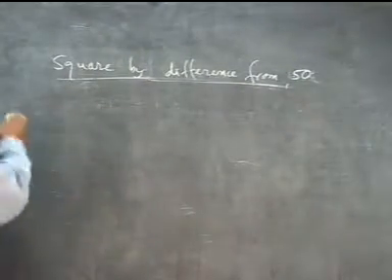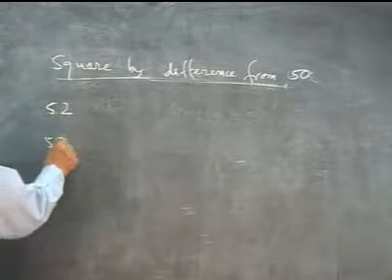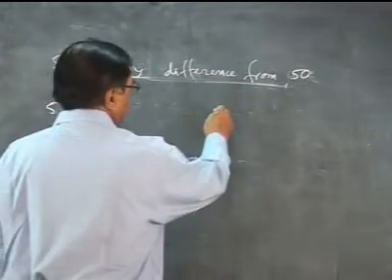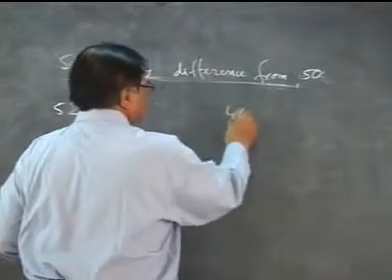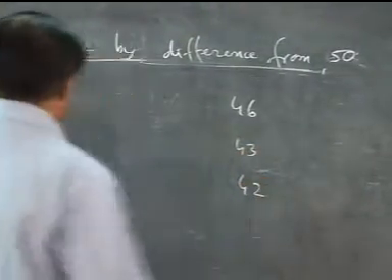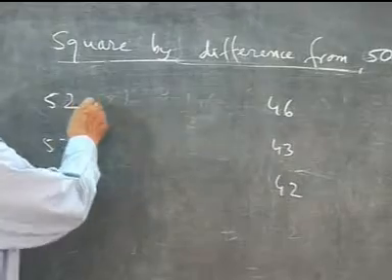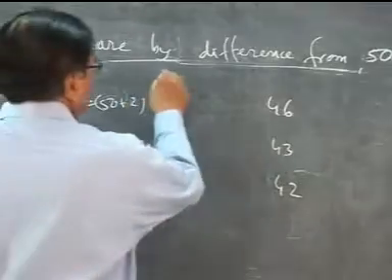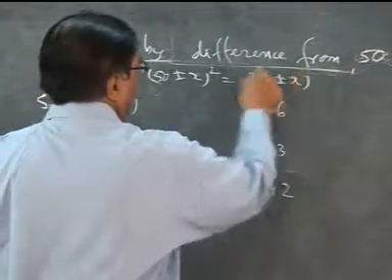See, I take 52, then 57 and 59. On the other side, I can take 46, then 43, even 42. Do understand this. This is nothing but 50 plus 2. Do you remember our method is 50 plus minus x bracket square, 25 plus minus x in x square.